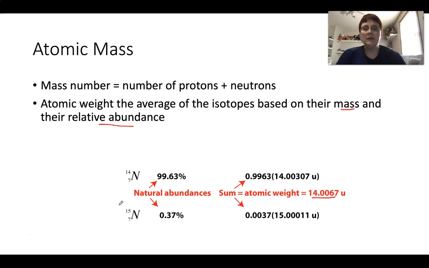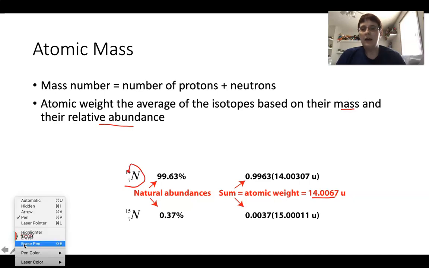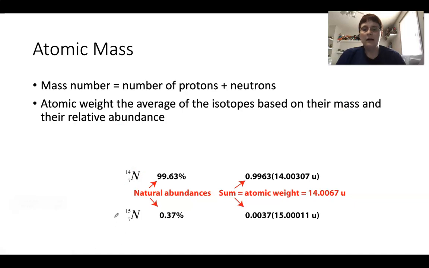If we look down here at the example, we've got nitrogen 14, N14, and we've got N15. N14 has an atomic number of 7, and with a mass of 14, this one has 7 neutrons.